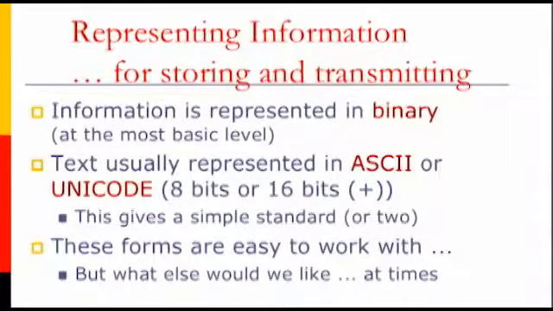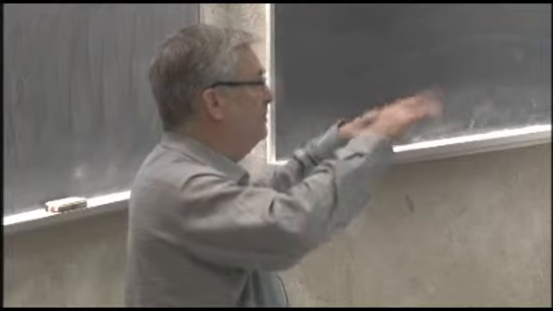If you want to represent text, I'm going to focus on that rather than pictures, because there are similar things to be said about pictures, but it's a lot more complicated, and I get the message across more by thinking about individual characters. Text is usually represented by a standard encoding.